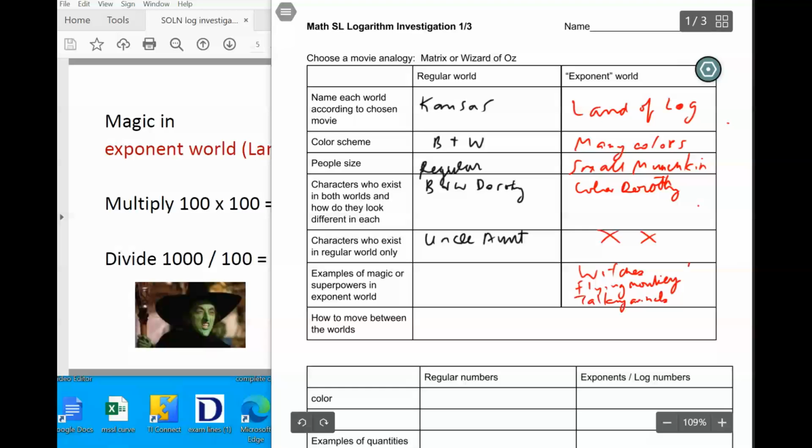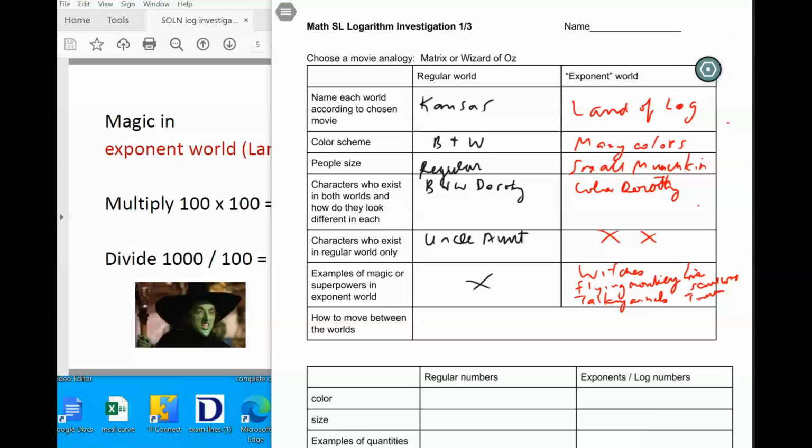We have live scarecrows, live tin men, right? So there's a lot of evidence of magic in the land of log, and of course no magic in the regular world.